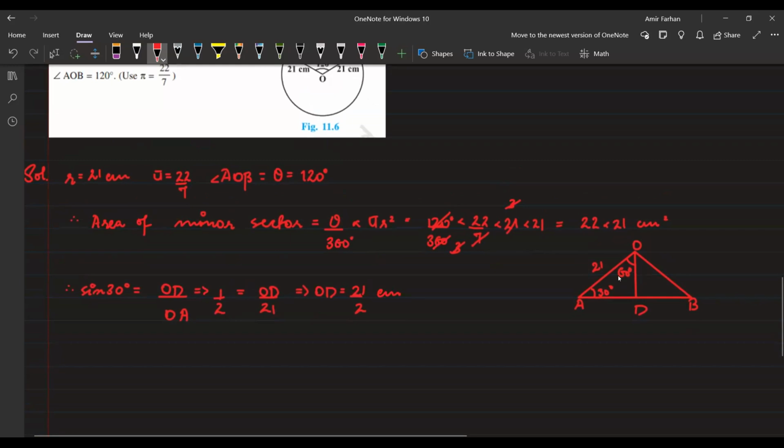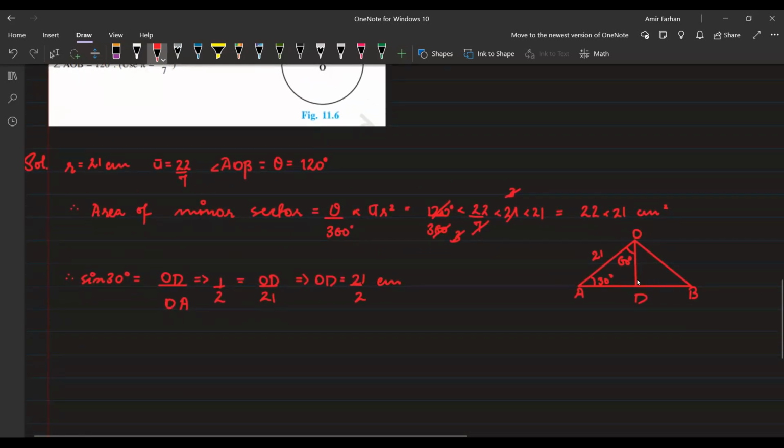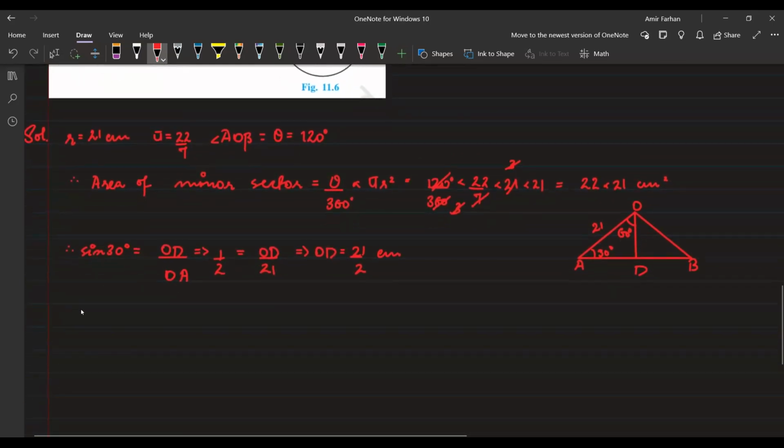Now we need the value of the base. So how can we calculate the base? You can use the tan, because we have got the perpendicular. So tan 30 would be equal to OD by AD.